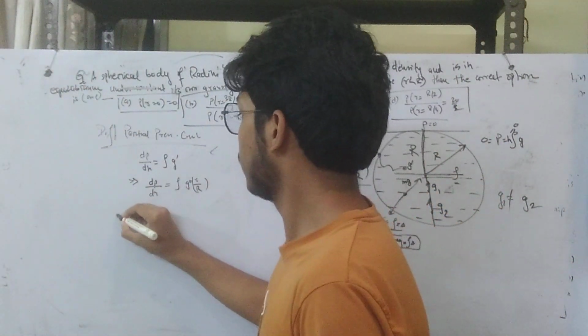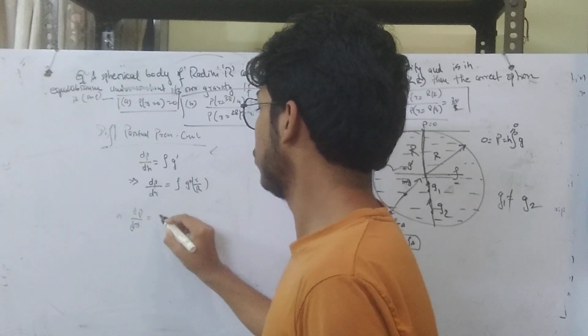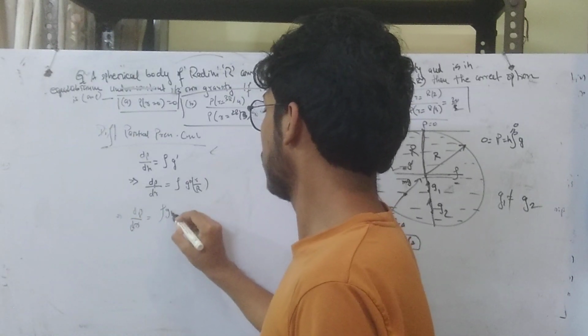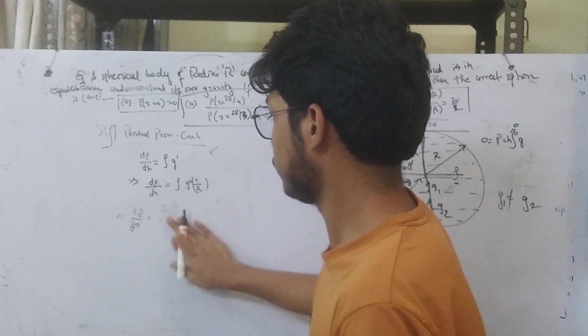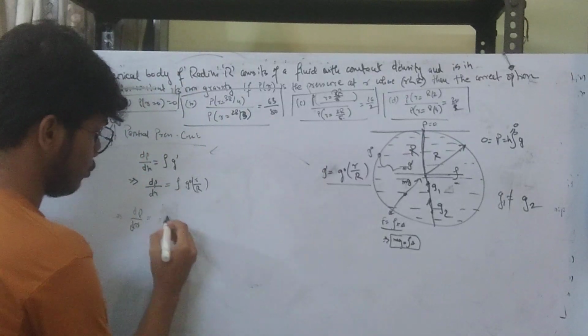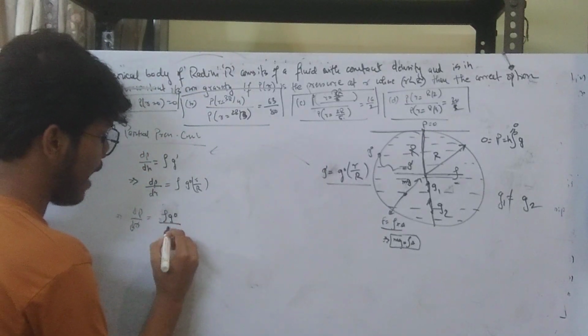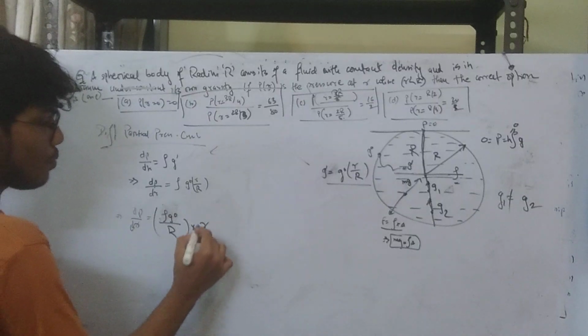So what you can write? dP by dr equals to rho g naught by capital R into small r.